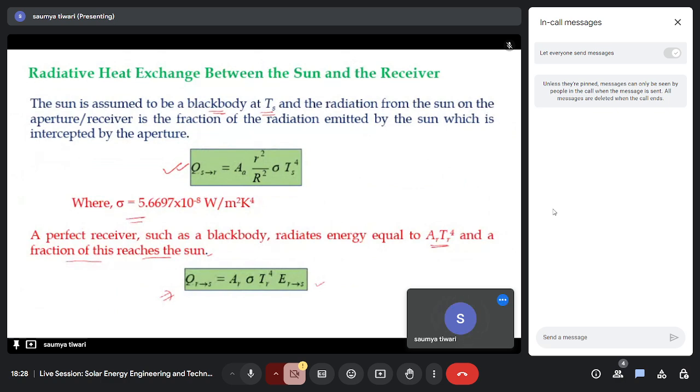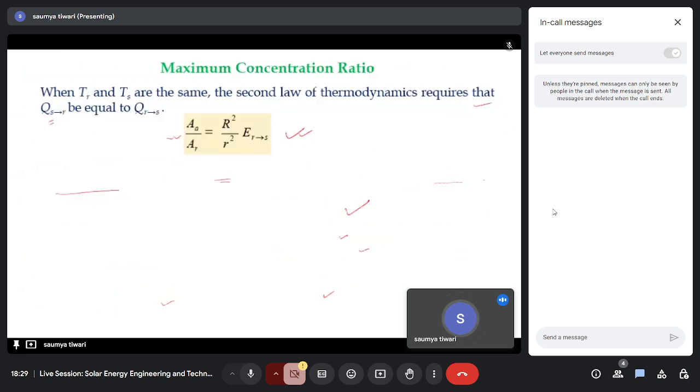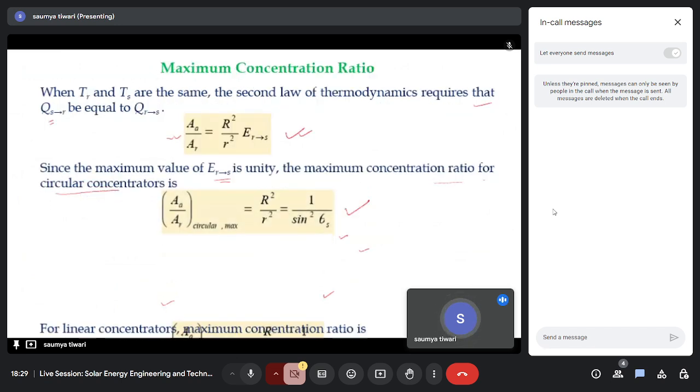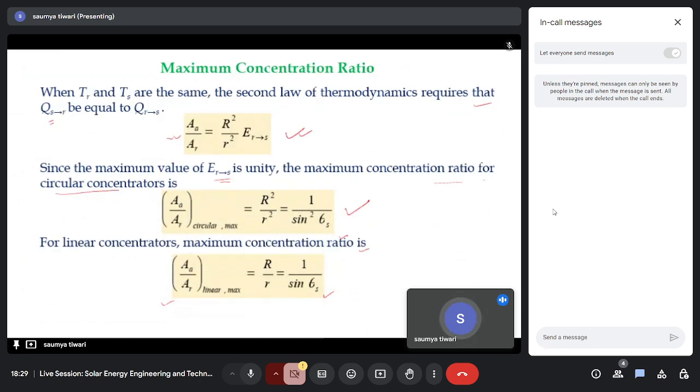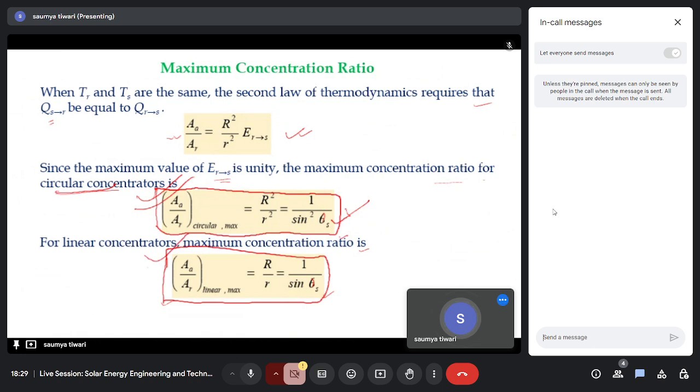Now I will not explain the derivation, I will just state the important formula. For a circular concentrator, the maximum concentration ratio is given by 1 by sine square theta s, where theta s is the angle subtended by the sun onto the earth. And for a linear concentrator, the maximum concentration is given by 1 by sine theta s.